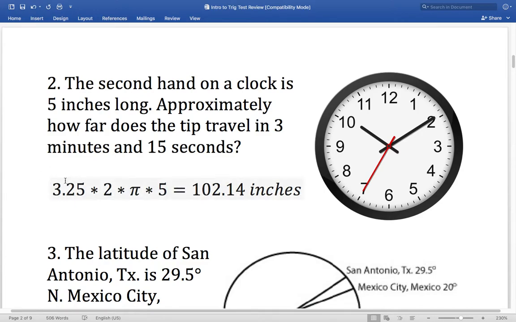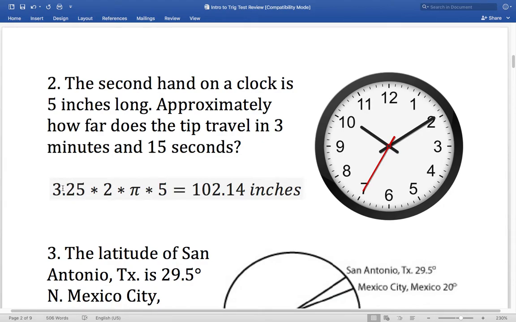Okay, and then for this formula, we're looking for the distance. So this is for arc length, not linear velocity, excuse me. For arc length, we have to have our angle in radians. So this is our rotations, and there are 2 pi radians in each rotation.